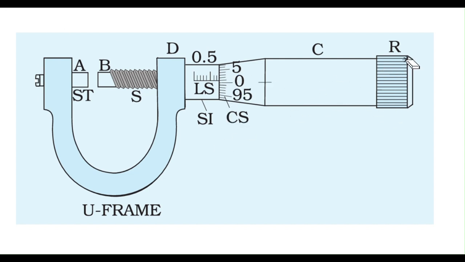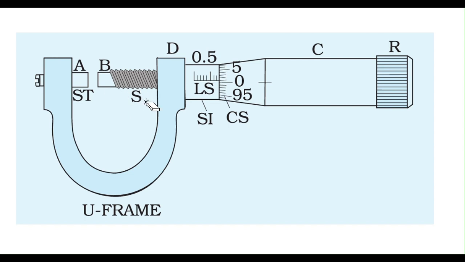It slides on this cylindrical part which we call the sleeve, and when this head slides on the sleeve, the screw moves forward or backward, and then you can place a wire here and take readings to say what is the diameter of the wire.